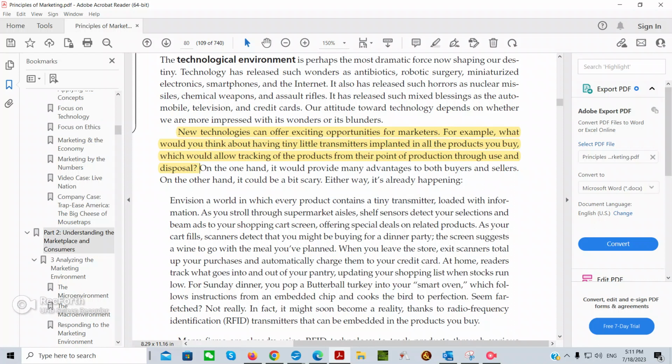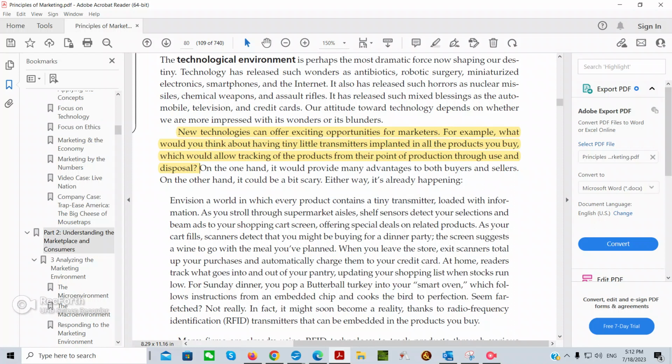At home, readers track what goes into and out of your pantry, updating your shopping list when stocks run low. For Sunday dinner, you pop a Butterball turkey into your smart oven, which follows instructions from an embedded chip and cooks the bird to perfection.